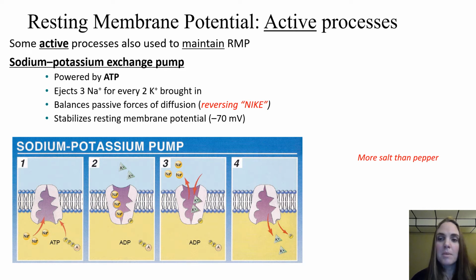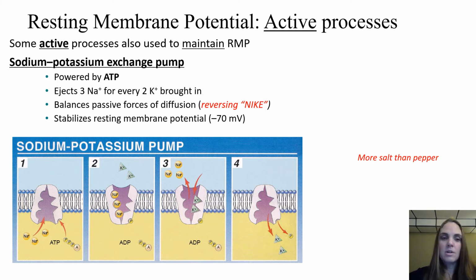This pump is powered by ATP. It's an active process, so it needs energy. This pump is going to eject 3 sodium out of the cell for every 2 potassium it brings in. So it's basically balancing out the passive forces of diffusion and reversing that Nike, that sodium coming in, potassium exiting. This helps stabilize our resting membrane potential and keep it at -70 millivolts.